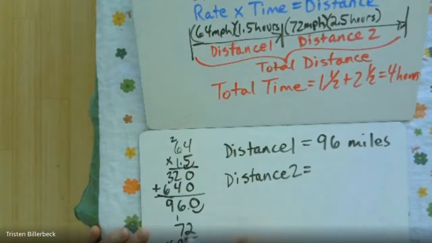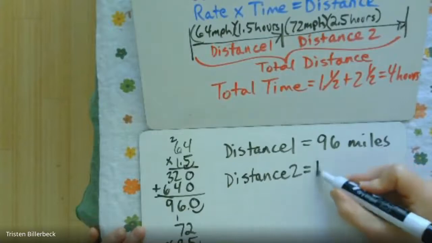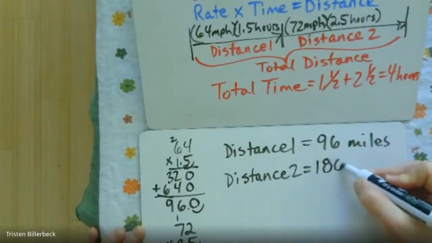And we have a 0 here. 2 times 2 is 4. 2 times 7 is 14. We add them together, 0, 10, 8, and 1. And we move the decimal over 1 spot. So distance 2 was 180 miles.